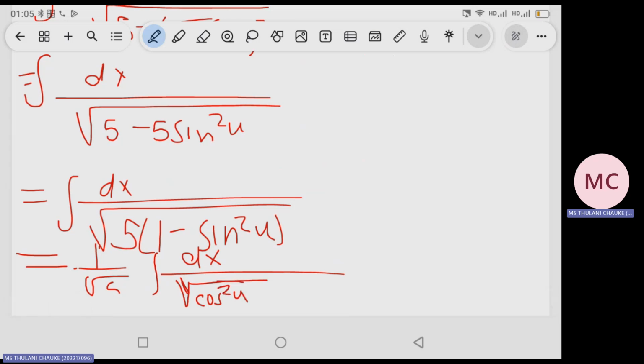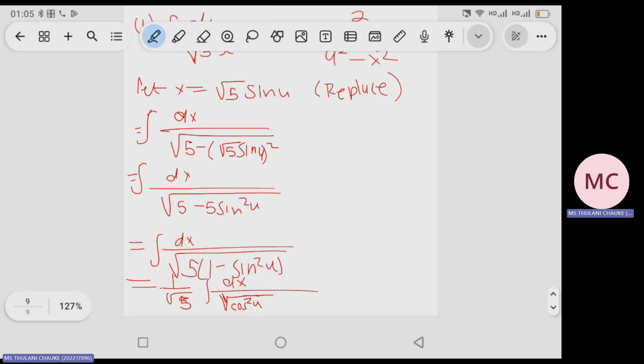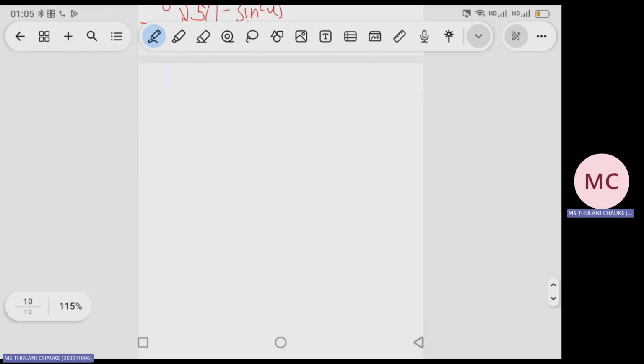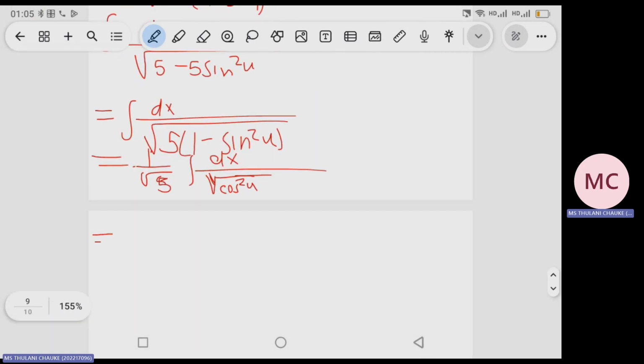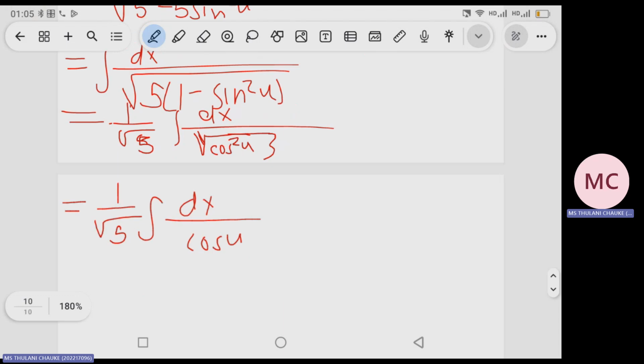Cosine squared u, that's what I'll be having. Then from there, I'm having 1 over the root of 5 times the integral of dx over cosine u.